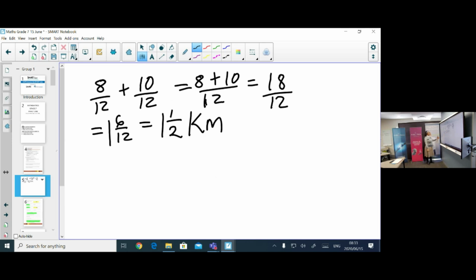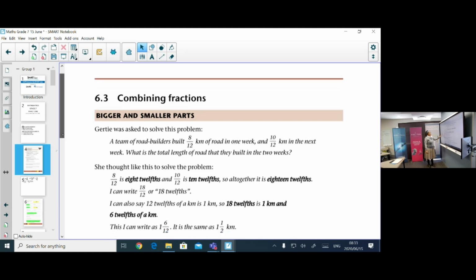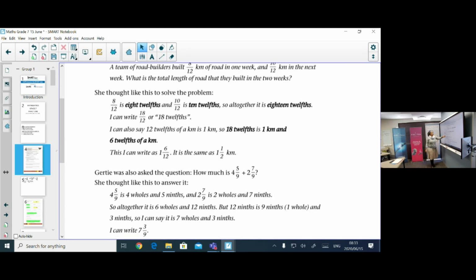So going back to our slide here, we see that the answer indeed was similar to what we got, which is 1 6/12, which is the same as 1 1/2 kilometers. So we were adding there.